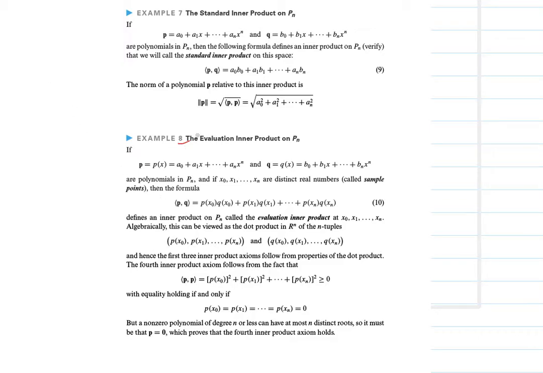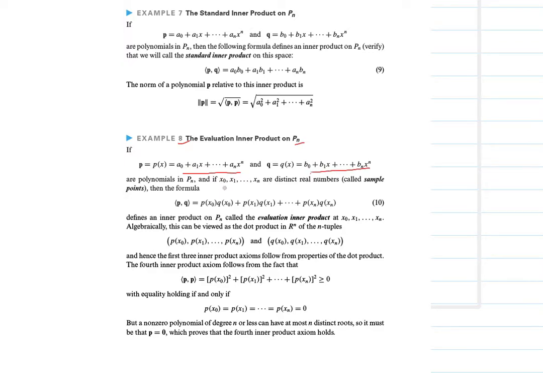Now example 8, evaluation inner product on Pn. Same vector space. Consider p equal to p of x, a polynomial of the form a0 plus a1x plus etc. an x raised to n and q equal to q of x, a polynomial of the form b0 plus b1x etc. bn x raised to n.